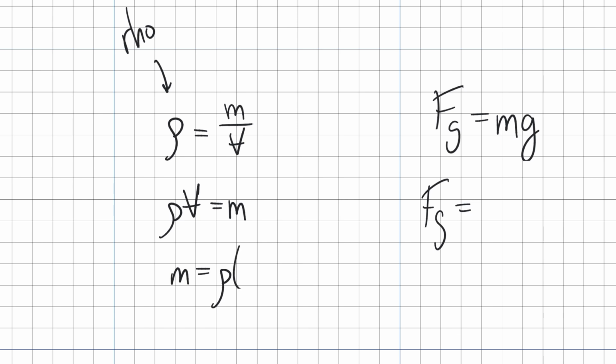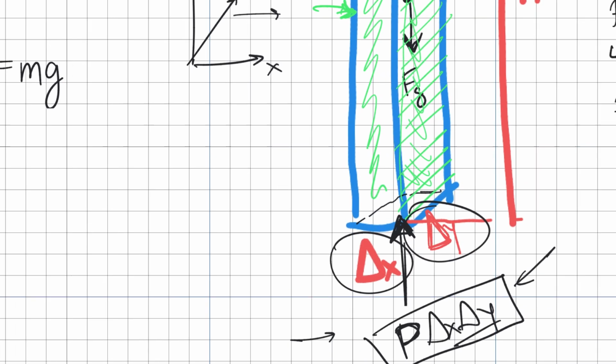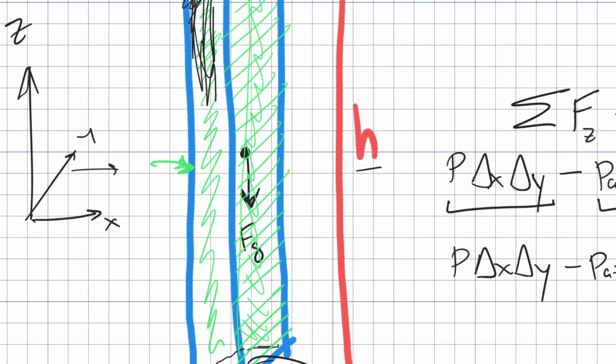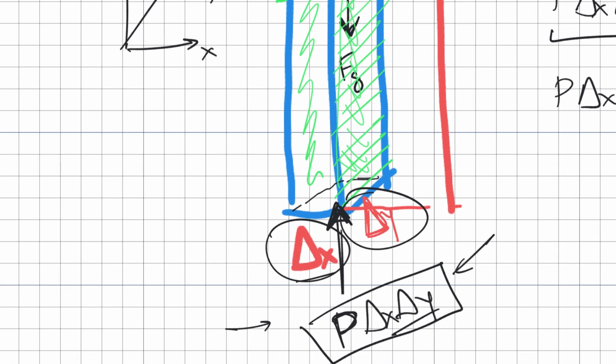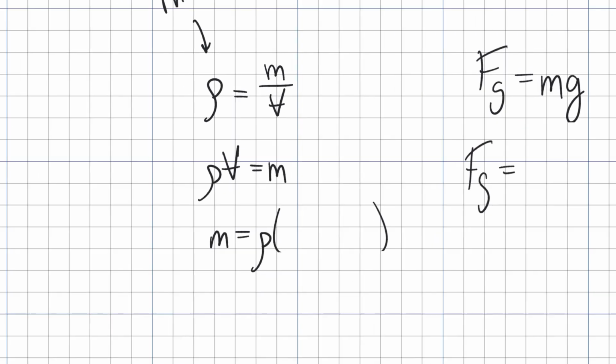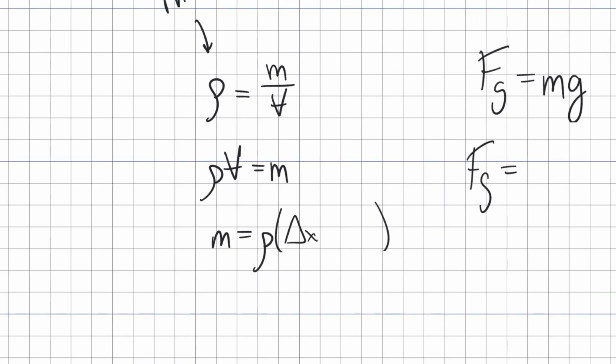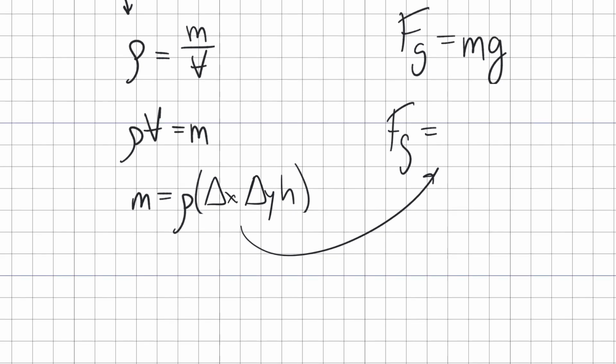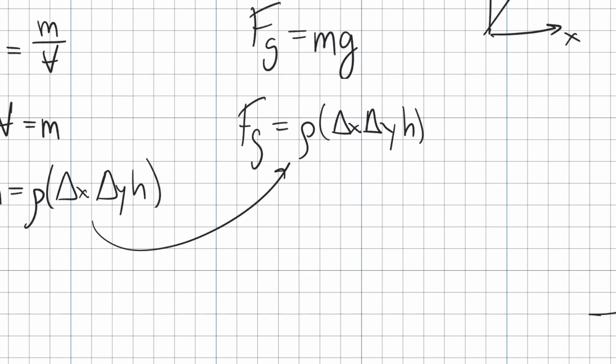Now the volume of this particular rectangular solid has a height of h and sides of delta x, delta y. So it's delta x, delta y times h. If I plug that into the force of gravity, I get density times delta x, delta y, h times g.